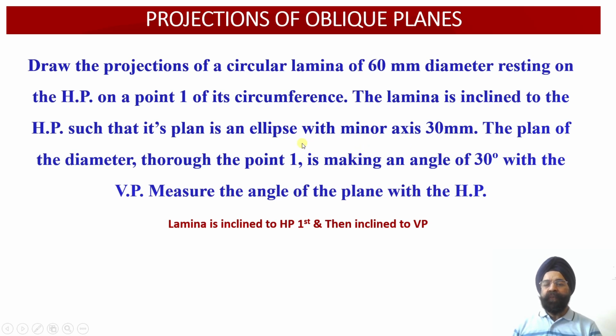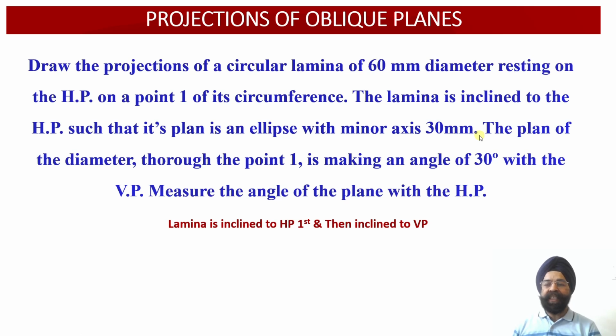So once we draw this ellipse, in which the minor axis will be 30 millimeter while the major axis or major diagonal will be 60 millimeter, we can evaluate the angle of inclination of this circular lamina with respect to the horizontal plane.